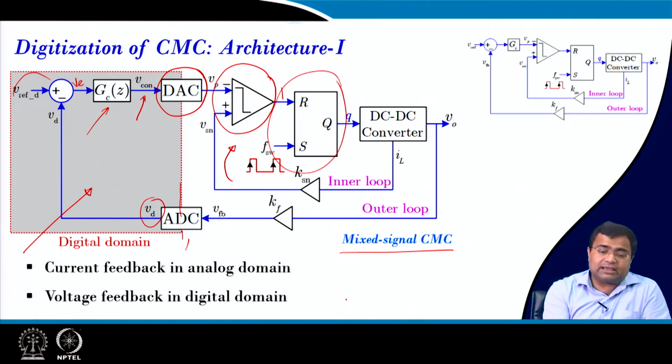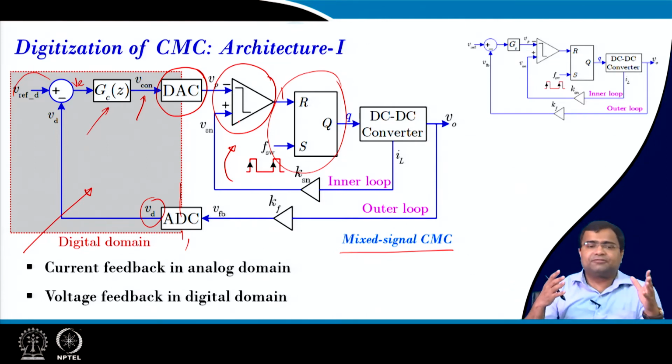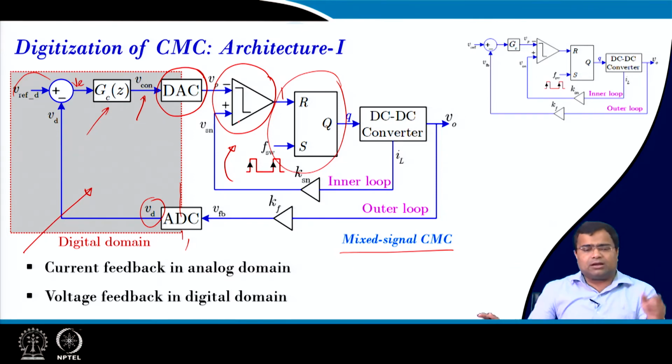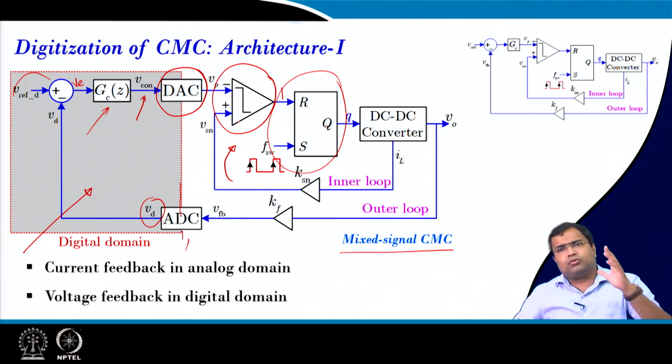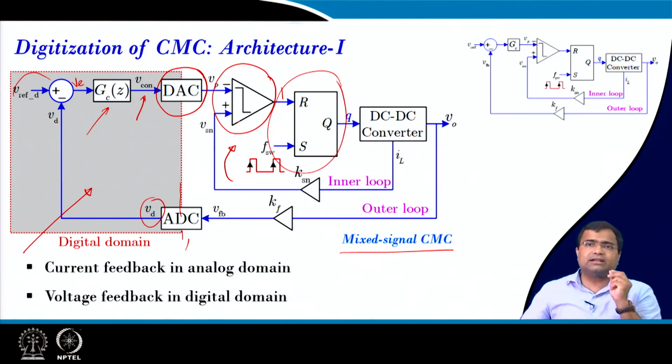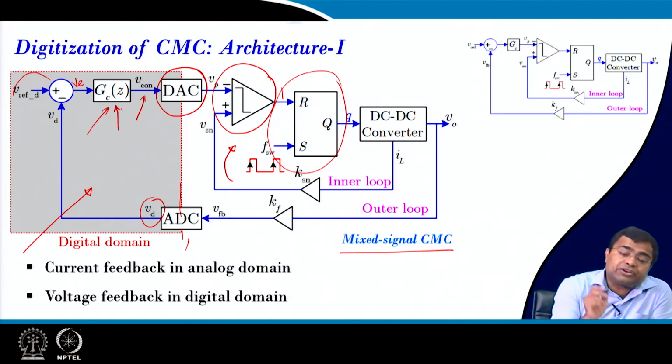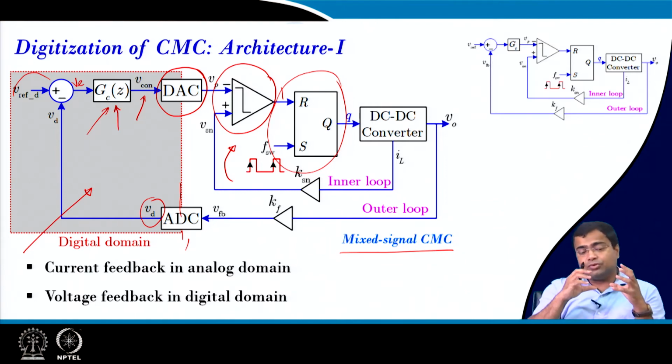But the question is, in this architecture you need a high speed analog comparator, and the current sensor is analog, but it can retain fast dynamics. But then why put a digital controller? Why not make it all analog, because anyway the current is analog? The answer is, this digital controller can be tuned, because you need to update the controller value. Suppose you are talking about a PI controller.